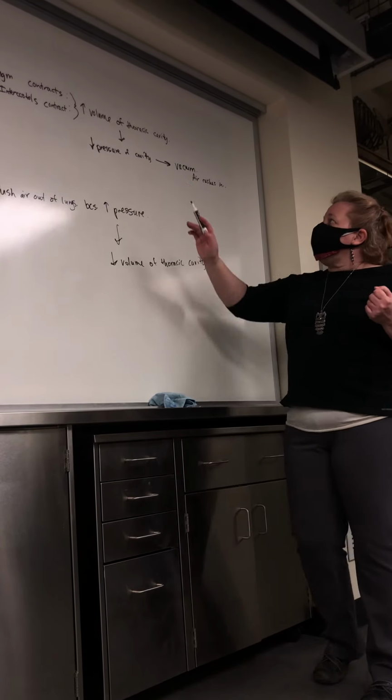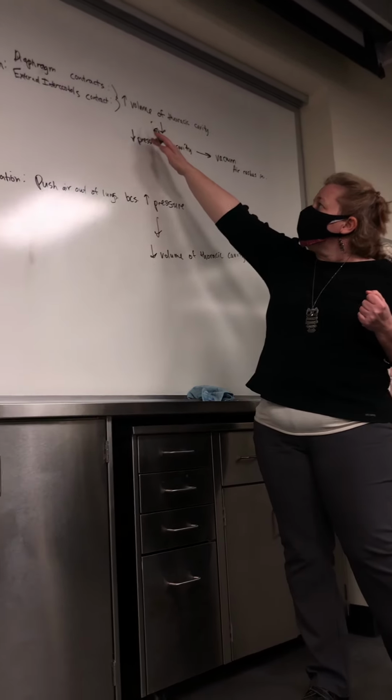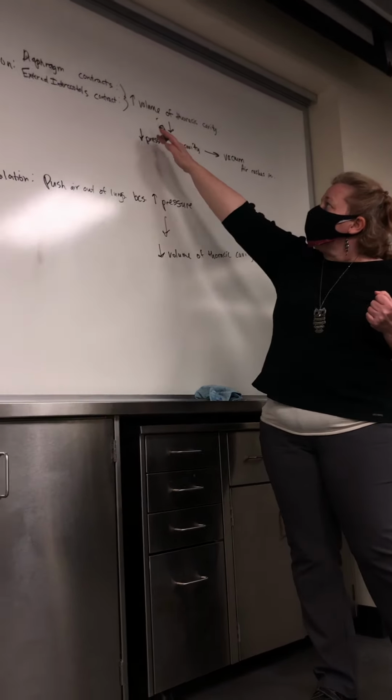So remember, when we wanted to increase the volume, you contracted the diaphragm, pulled the cavity down. You contracted your external intercostals, which pulled your rib cage up and out. So how are we going to oppose that? Very good. The opposite of a muscle contraction is a muscle relaxation.